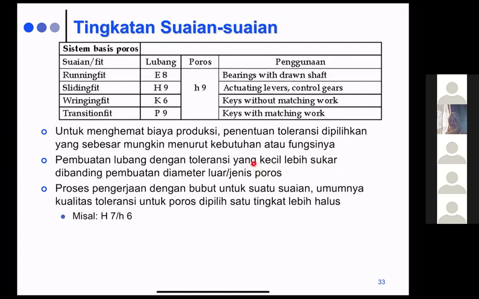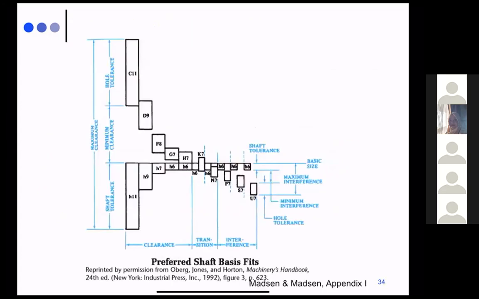So we need to have a lower tolerance. For turning, pengerjaan dengan bubut, we have to get the tolerance one grade better. Okay, so this is based on the shaft fit.